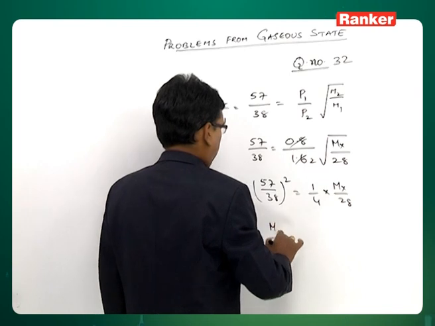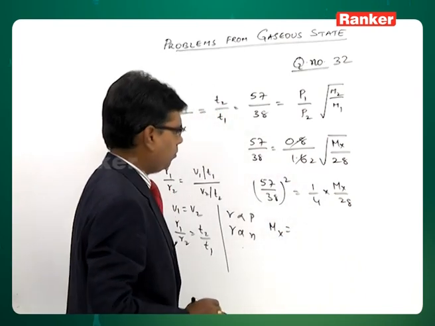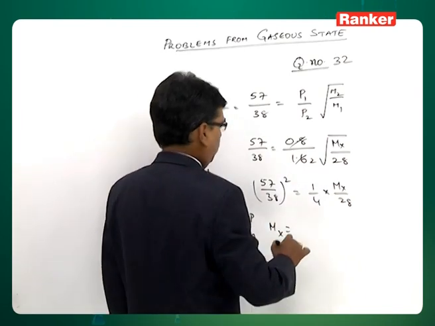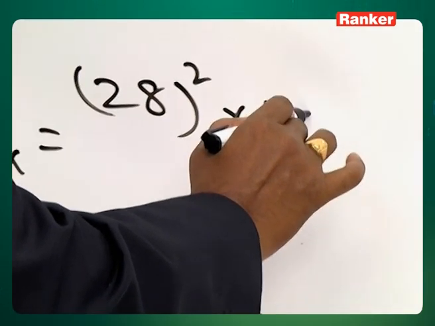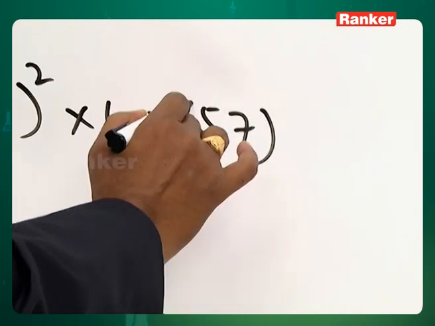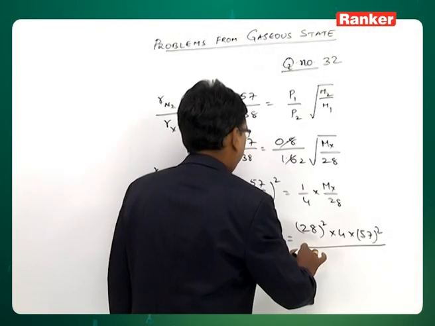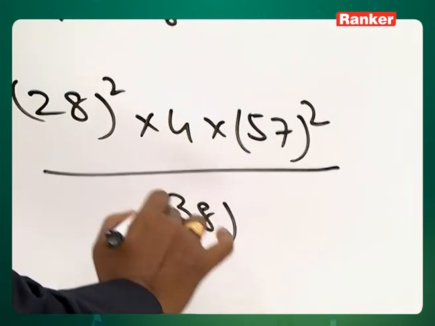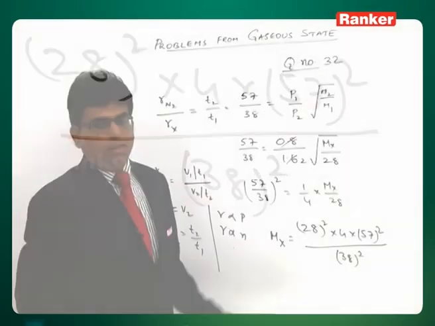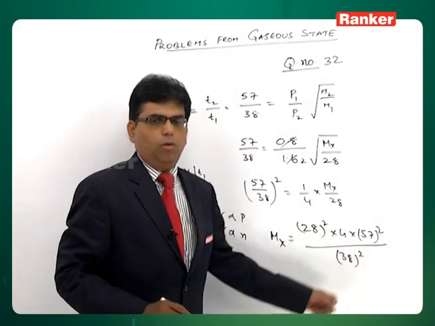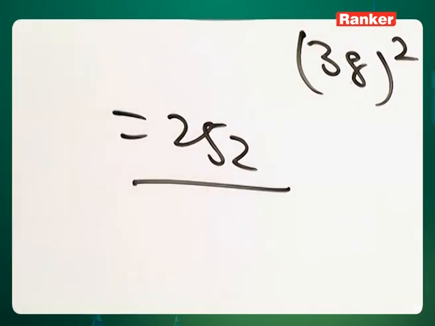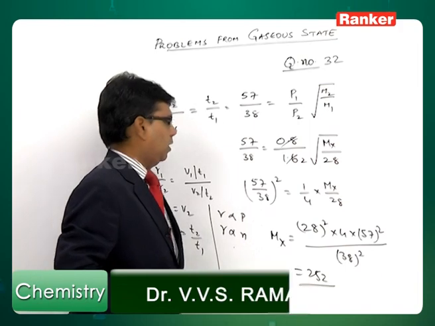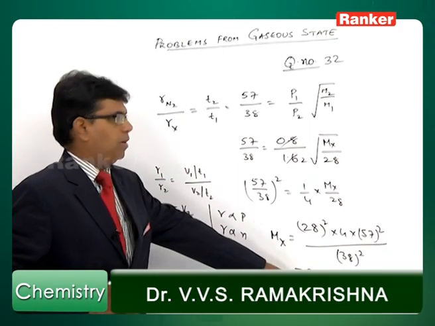So, Mx is equal to 28 into 4 into 57 square by 38 square. On simplification, this is equal to 252. So, the molecular weight of the unknown gas is determined as 252.